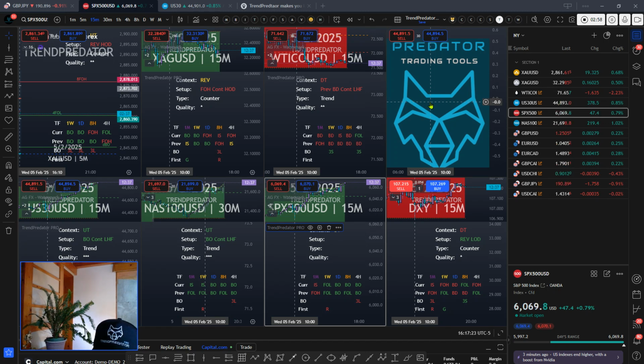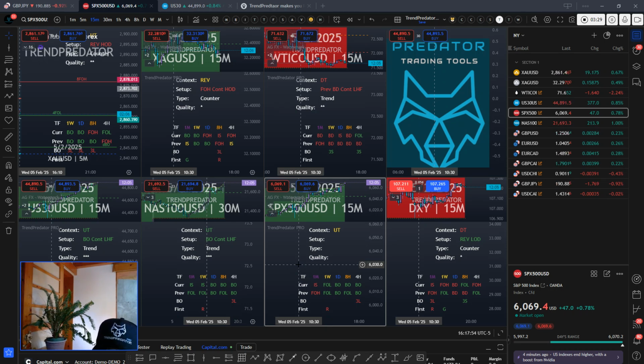And the Trend Predator indicator does an extremely good job at identifying the trend on the day, born out of higher time frame traders, and pinpointing the trade setups in live time according to the 4 hour and 8 hour conditions, compared to that of the daily, the weekly, and the monthly flow.